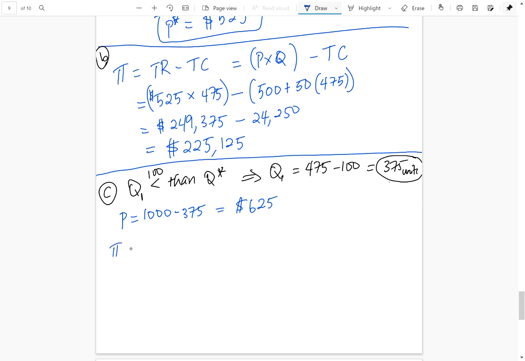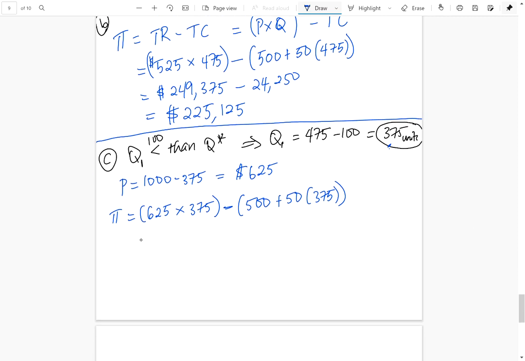Wonderful. So this is our P and Q. We can calculate profit. This would be equal to, remember, total revenue minus total cost. P is 625 times quantity of 375, minus 500 plus, this is the total cost function for this production, 50 times 375. Okay, so with that, we have that this is equal to $234,375 minus $19,250, which makes sense, right?